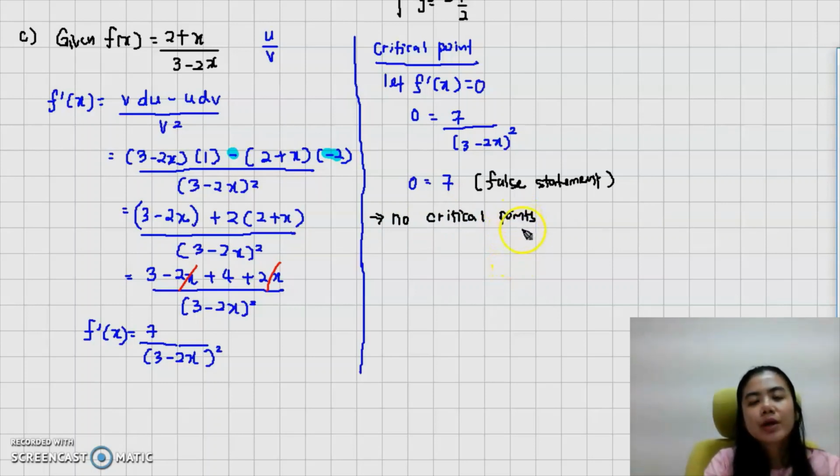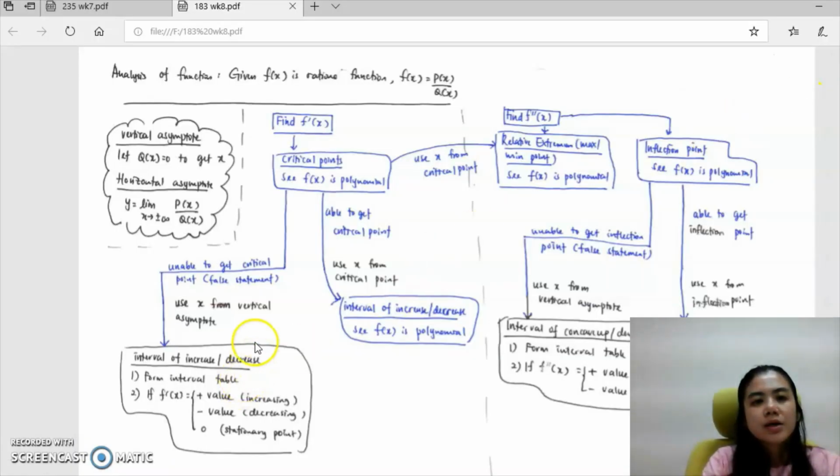So what happens when you have no critical point? After you have checked this step, you look at this part. You are unable to get a critical point, you have a false statement, so you're going to use this one.